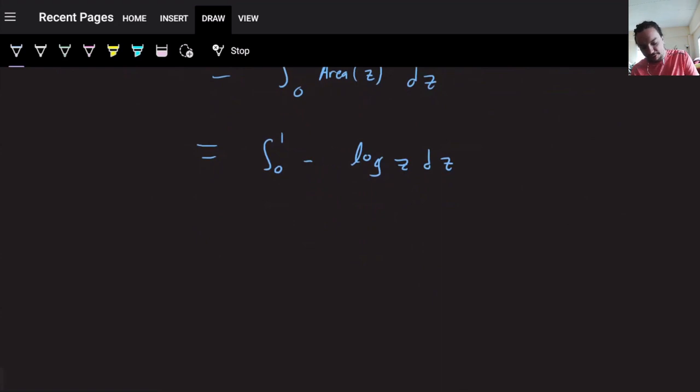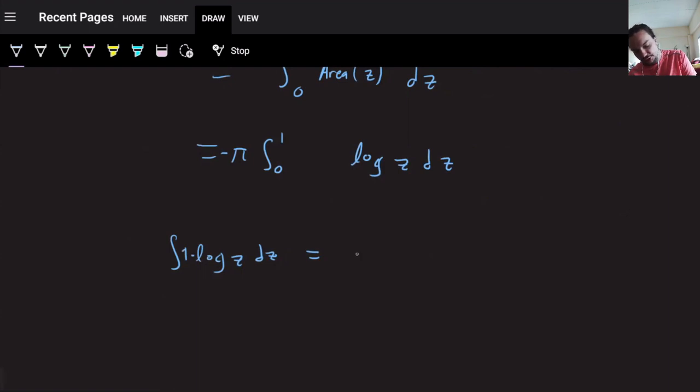And now we can just compute this, okay? So the pi pulls out. So does the minus sign. What is the integral of log z from 0 to 1? Okay, so we actually can compute the antiderivative of log z. So I'm going to do this for you. So what is the integral of log z dz? Well, we can use integration by parts. So integration by parts, if we stick a 1 in here, then we can integrate the 1. We can differentiate the log.